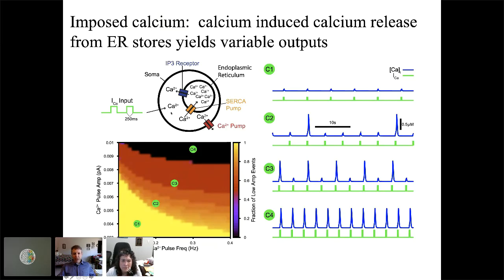Okay, so if we give our single neuron model a periodic calcium current input, then what this does is it may or may not cause a nonlinear response in terms of a calcium surge on each input cycle, right? So what I'm showing here is the input in green and the actual calcium level inside the cell, which is influenced by this release from stores, in blue.